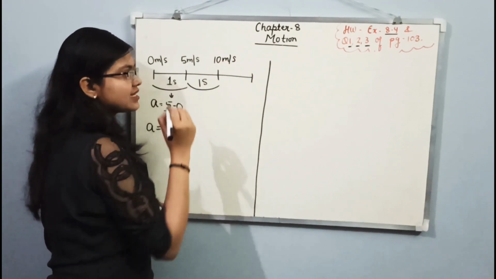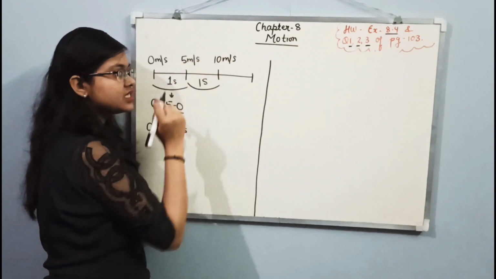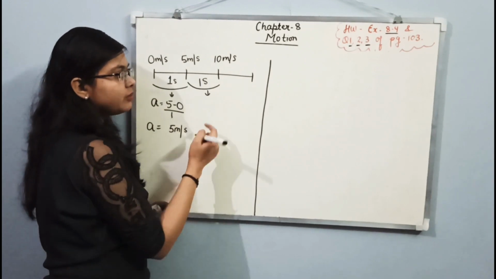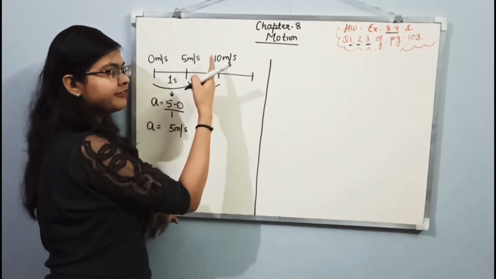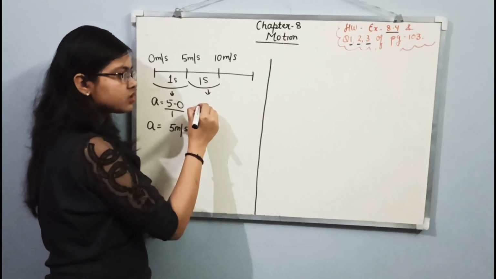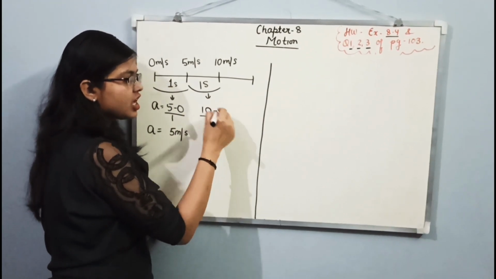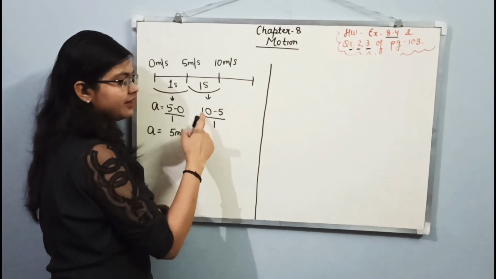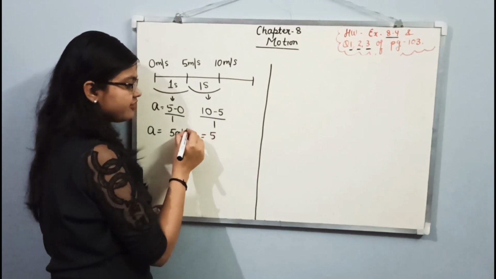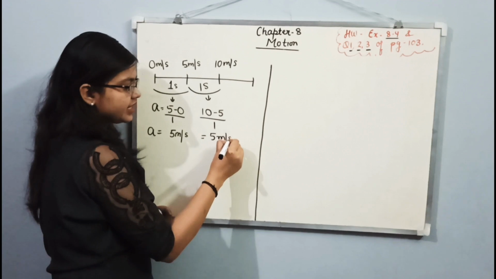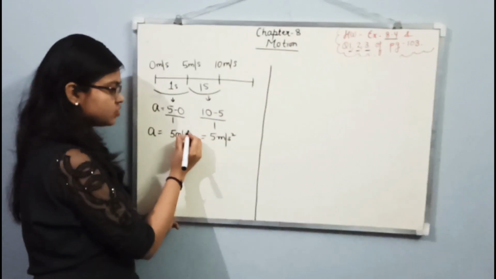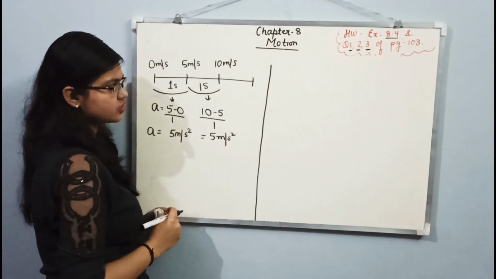So what is the acceleration here? Here also the velocity is increasing. So here also it will be final velocity minus initial velocity. Final is 10, initial is 5 upon 1. So it will give you 10 minus 5, which is 5 meter per second square.